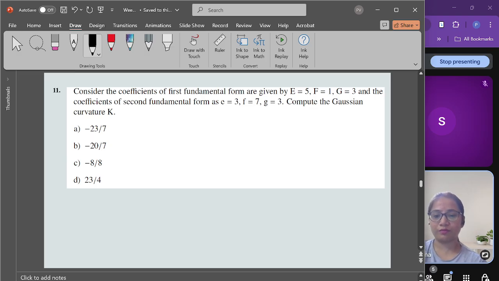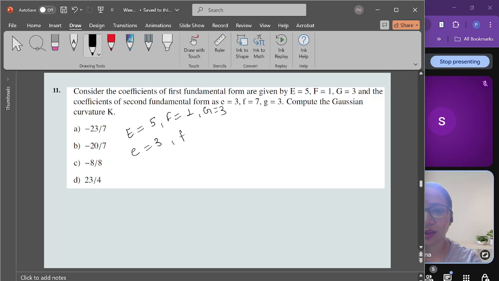You must have gone through this type of question in the exercise questions in the video lectures this week. So we will solve it here as well. Here the first fundamental form, E is 5, F is 1, and G is 3. And the second fundamental form, e is equal to 3, f is equal to 7, and g is equal to 3.